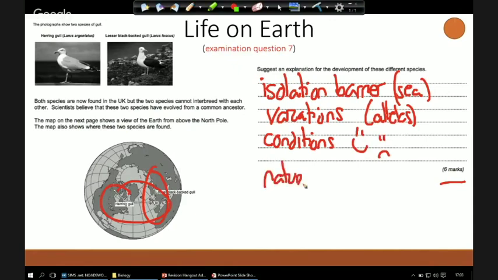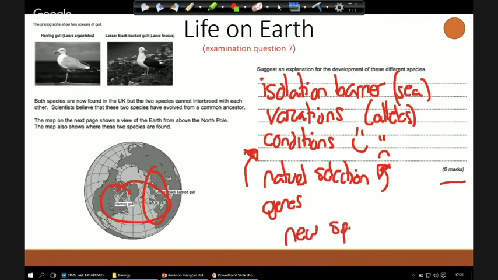Natural selection will then pick the most suited. It will act upon these, and so only these genes are passed on. If natural selection is picking different genes based on two different conditions, then over time, we're likely to find a new species forming. We are not allowing interbreeding.